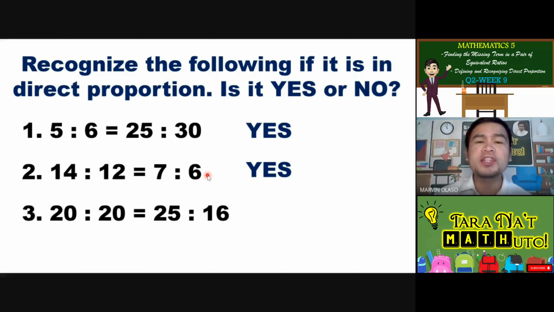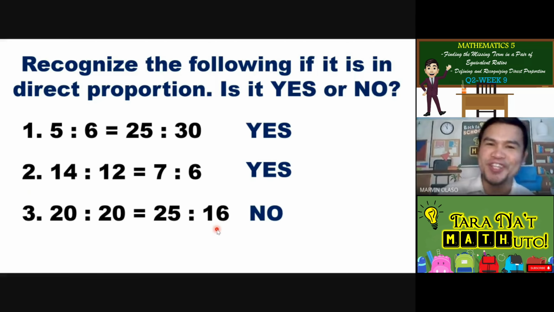So both decrease by, ayan, 14 divided by 2, naging 7. 12 divided by 2, naging 6. So, the same rate of decrease. Okay, now, what about number 3? Is it yes or no? The answer is no. We have 20 naging 25. So nag-increase siya. Yung pangalawa 20 naging 16. Nag-decrease naman siya. It means it's not in direct proportion.